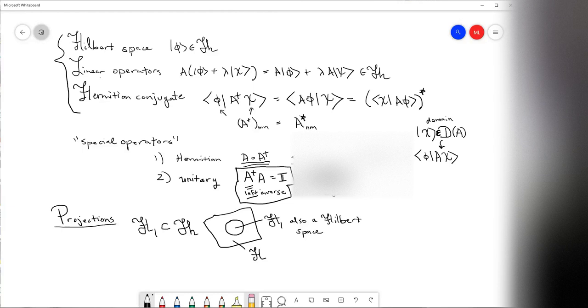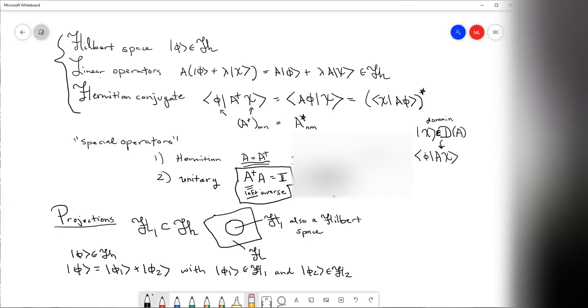Okay, so then any vector in H, we can decompose it as a sum of a vector in H1 plus something else. And we're going to try to prove that this decomposition is unique, meaning that there's only one way to write it. And so phi2 is a vector in everything.